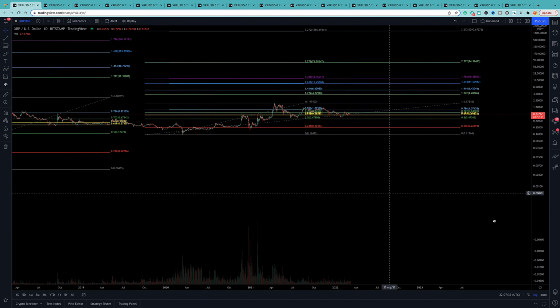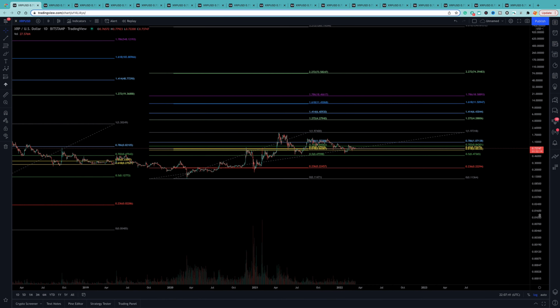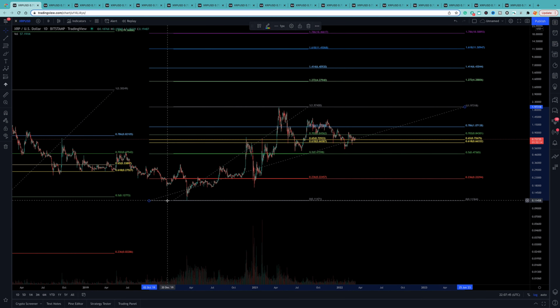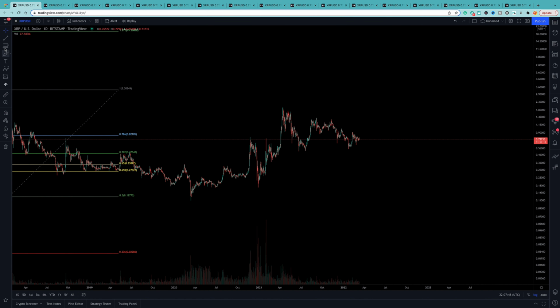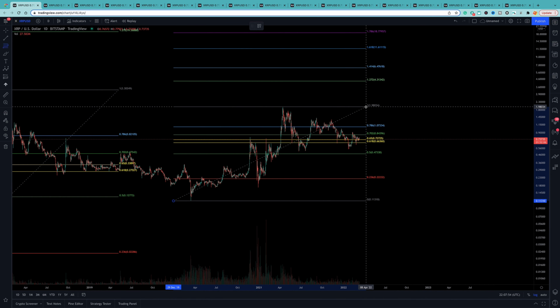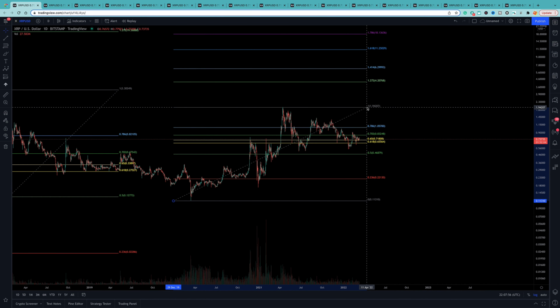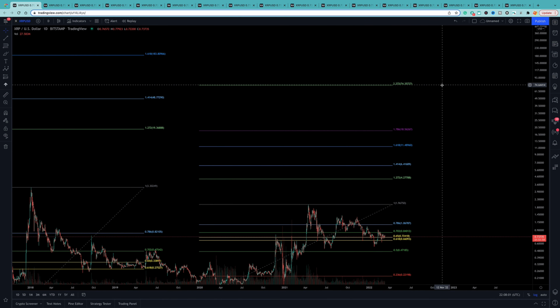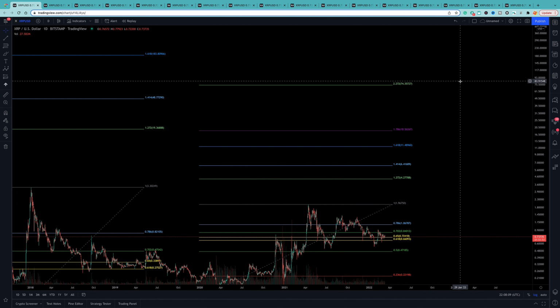Now, when I put it back on log, look, get rid of these, put it back on log, I bring it up to here. So this is on log this time. The 272 is $74. Okay, now I get it.